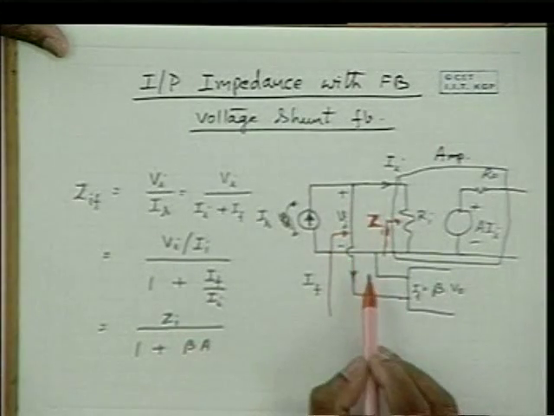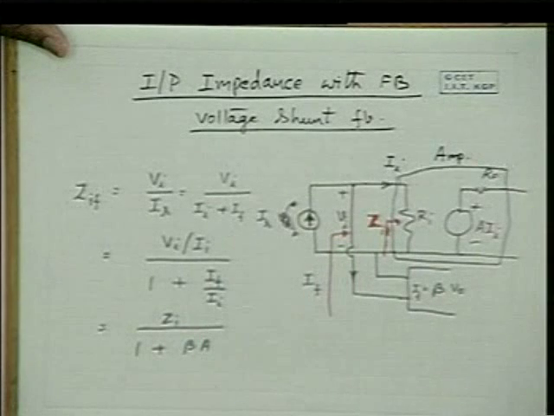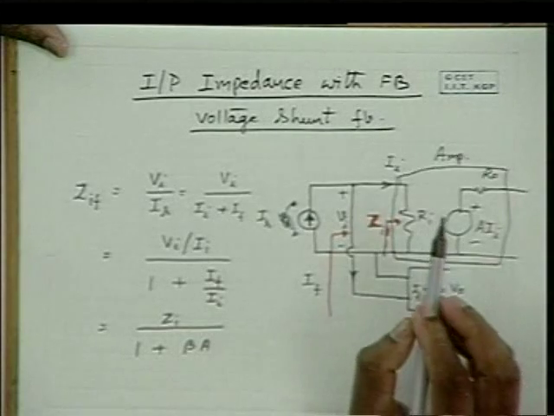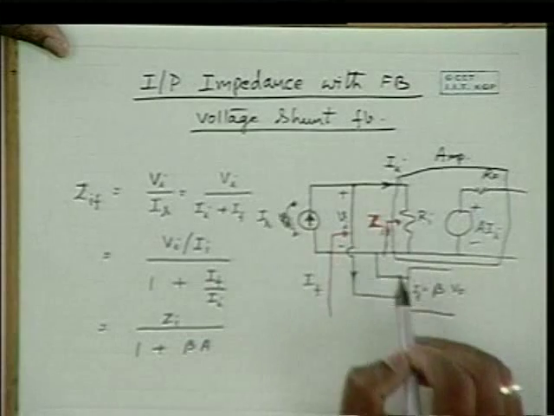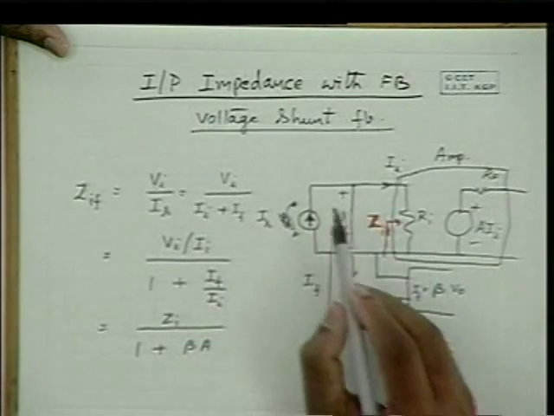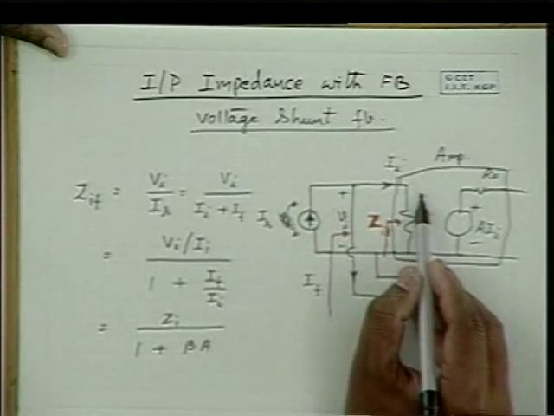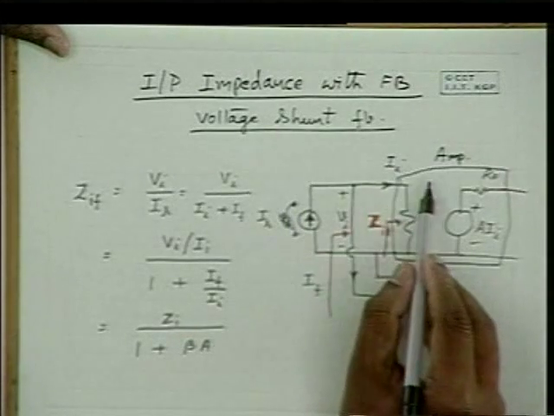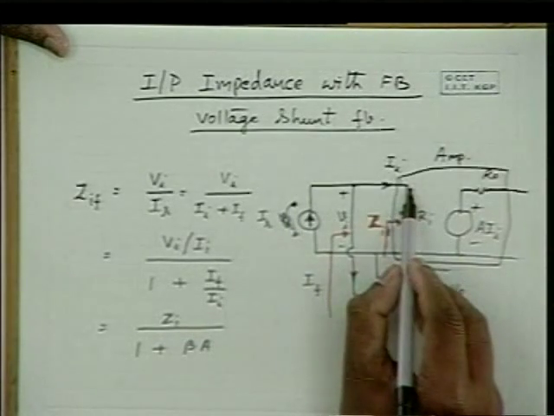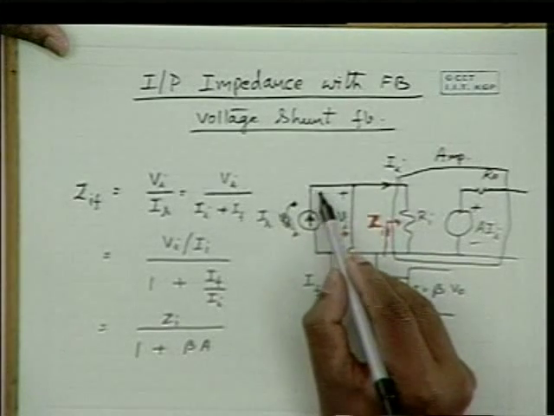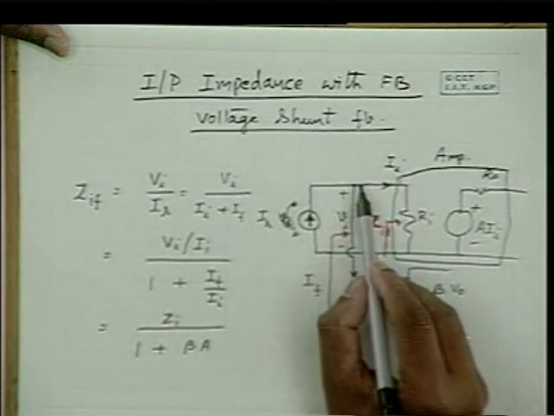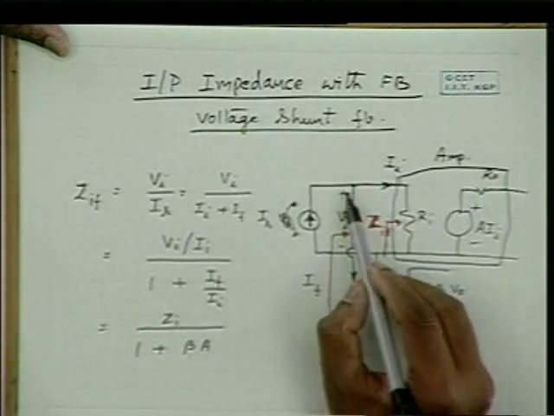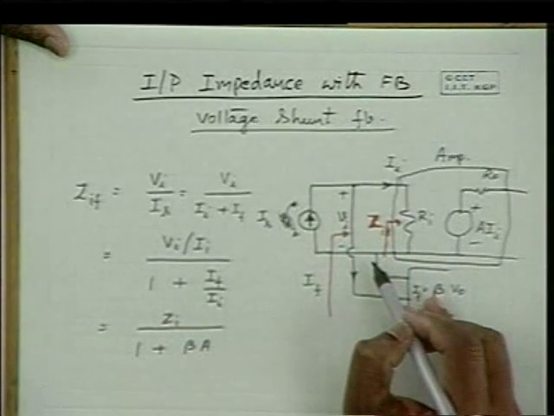Whereas in the series feedback, the input impedance is increased by 1 plus beta A times. Why is it so? For a particular amount of input current the amplifier draws, because of negative feedback, it actually draws more current from the source. When you want, say, 1 milliampere here, if it draws 5 milliamperes from the source, that means 1 milliampere goes through this and 4 milliamperes go through this.